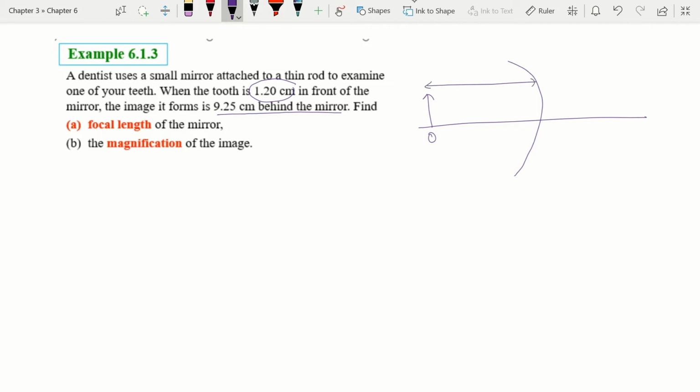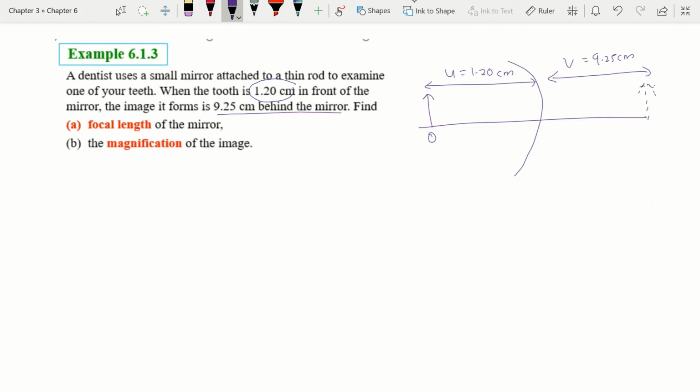So the object distance is 1.2 centimeter. And the image formed is 9.25 cm behind the mirror. So it formed behind the mirror. When it's behind the mirror, it is a virtual and upright image. So for example, you will have somewhere here your image, 9.25 centimeter.